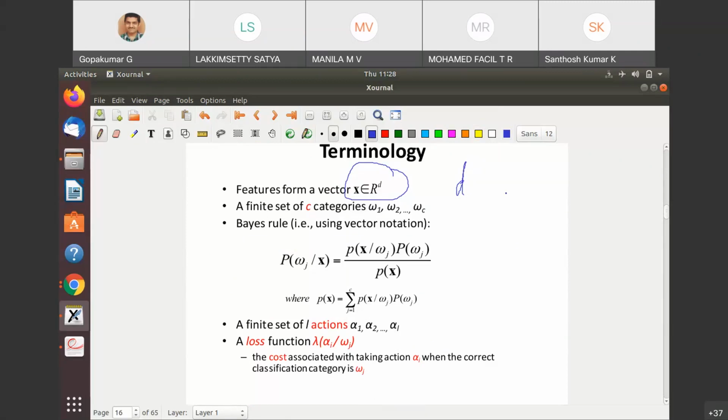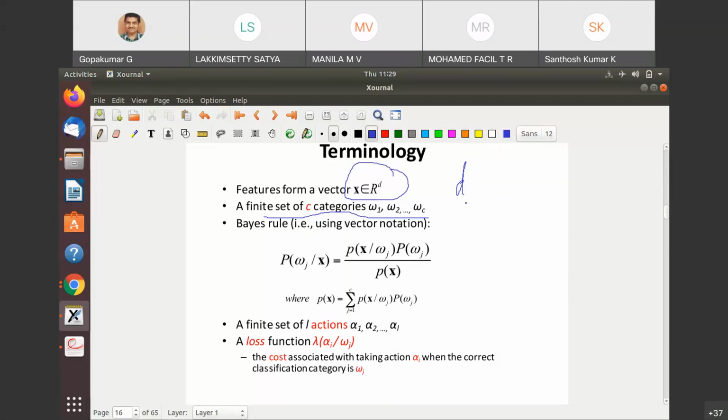So d can be 10 dimensions, 20 dimensions, 100 dimensions, or even 1000 dimensional data. That is one way we are extending. And then we assume the categories can be W1, W2, etc., up to WC, that means C number of classes. It can take different values. When it takes two, it is the very specific case of binary classification.